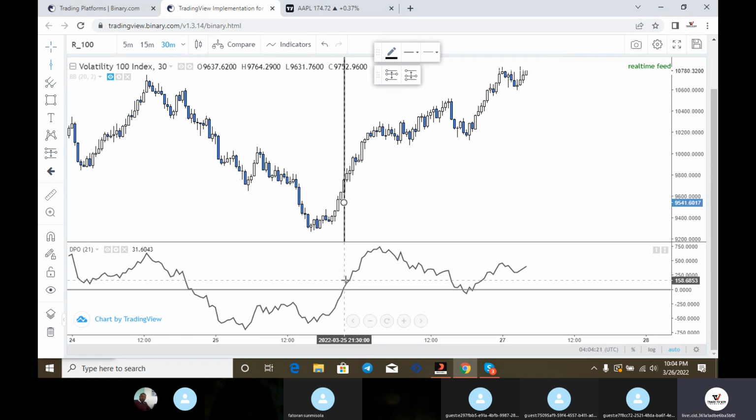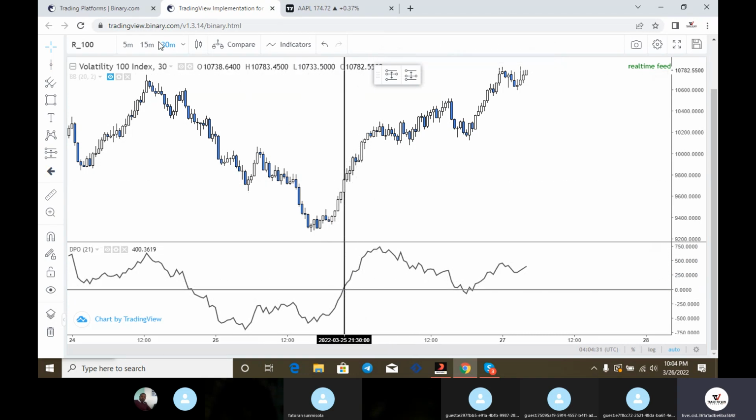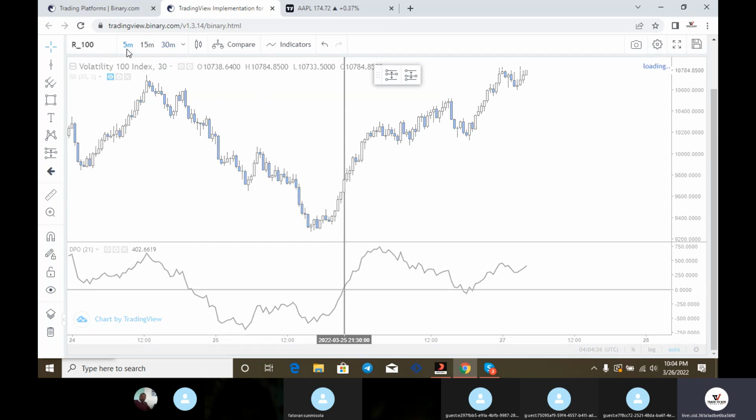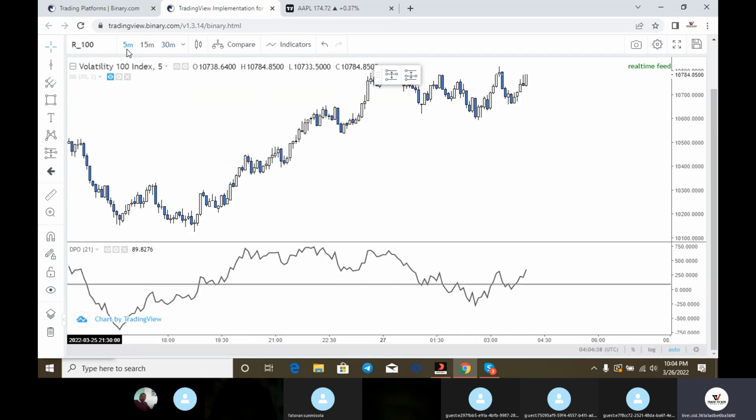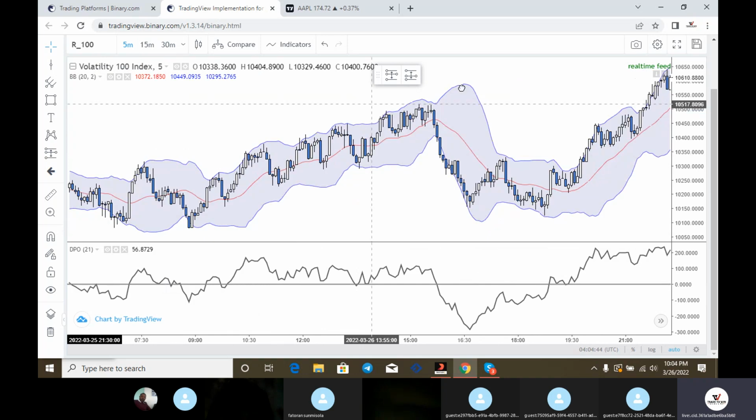It's in an uptrend because price is above the zero line. That is, the moving average of DPO is above the zero line. All right, so we'll go to 5 minute time frame to spot buying opportunities. Okay, so put up our Bollinger Band.